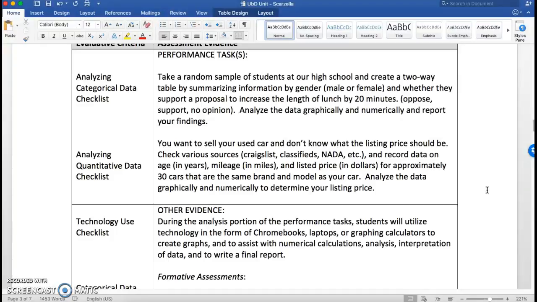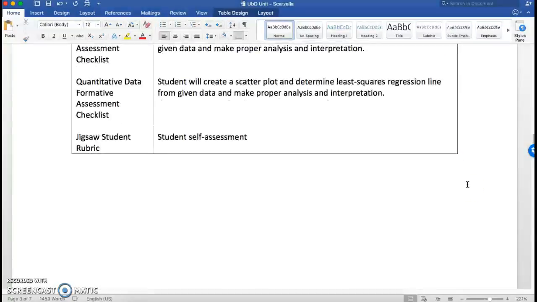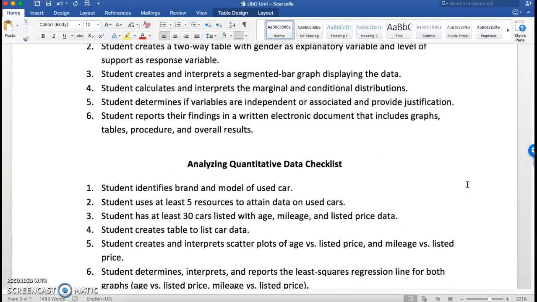Analyze the data graphically and numerically to determine your listing price. So they're going to figure out what the other options are out there to buy a similar car like yours, and based off of that, they're going to come up with their own price to sell their car. And again, they do have a checklist down here as well about what's expected during that performance task.